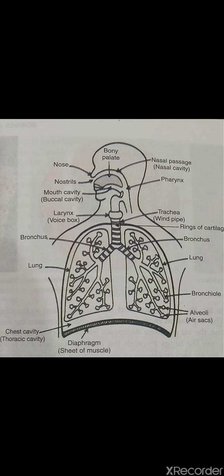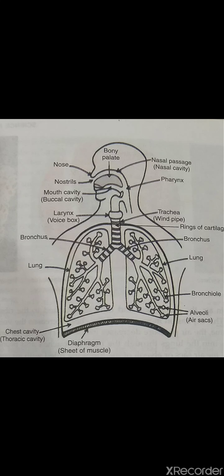Fine. So one thing you should note down is that the blood which comes out from the lungs has a high concentration of oxygen gas, but the body tissues have a high concentration of carbon dioxide gas.